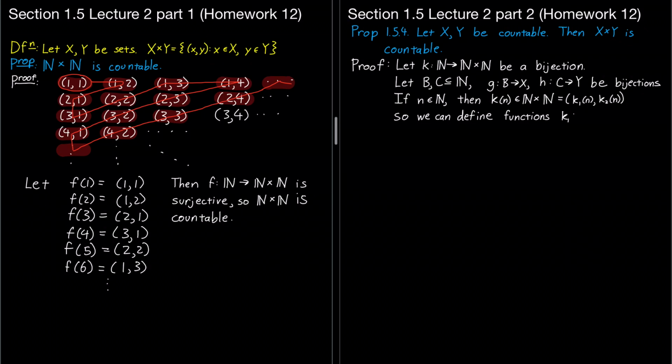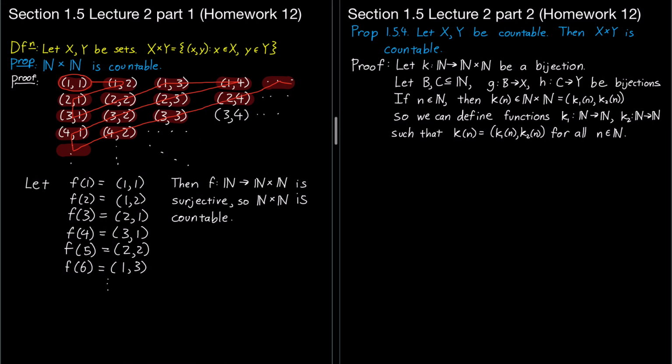So K1 goes from the natural numbers to itself. K2 goes from the natural numbers to itself, such that K of n is (K1 of n, K2 of n) for all natural numbers n.